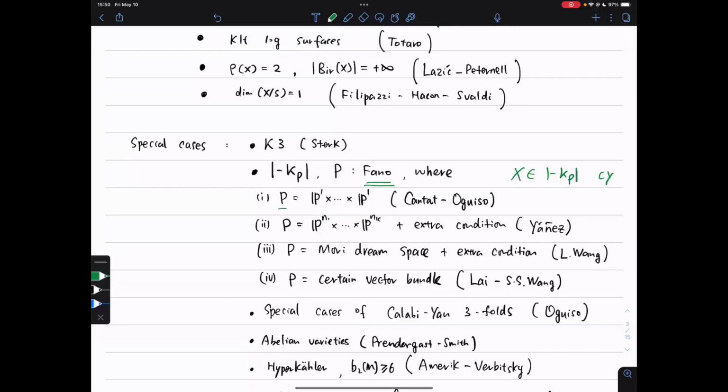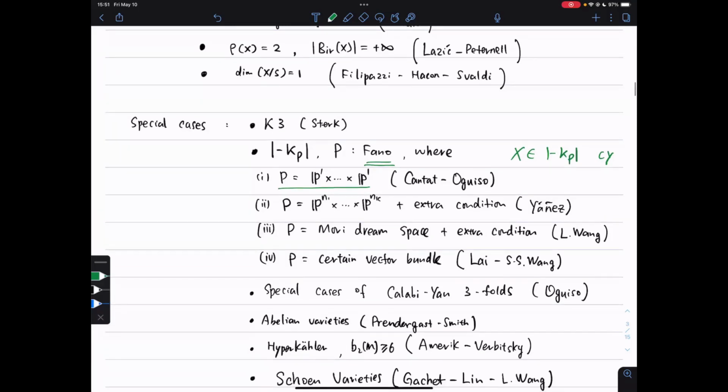For example, if P is a product of P1, it has been exemplified clearly. And if you consider some other projective spaces plus some other conditions, it could also be proved. And P could be a Mori dream space plus other conditions. The anti-canonical Calabi-Yau hypersurface can also satisfy the conjecture. And if you take P to be some vector bundles, then you can also establish certain results.